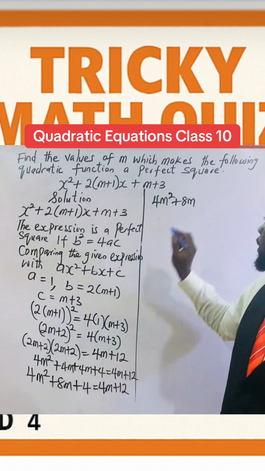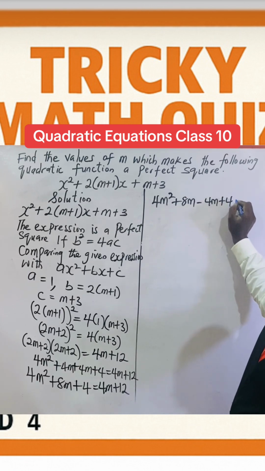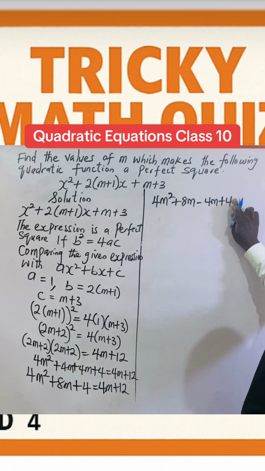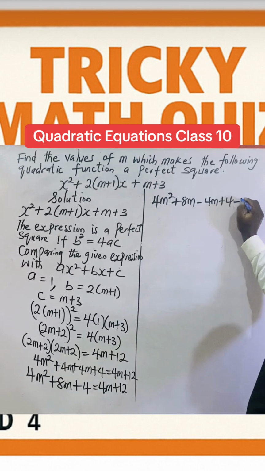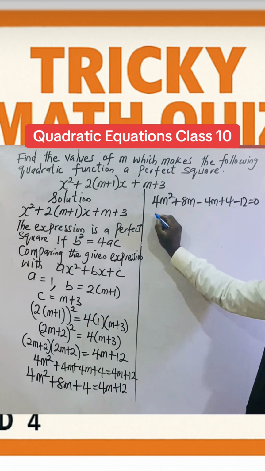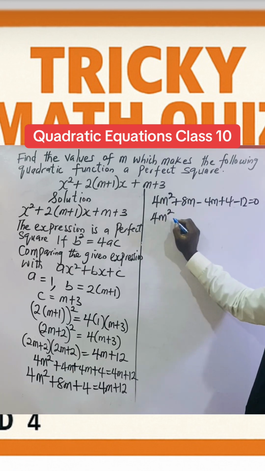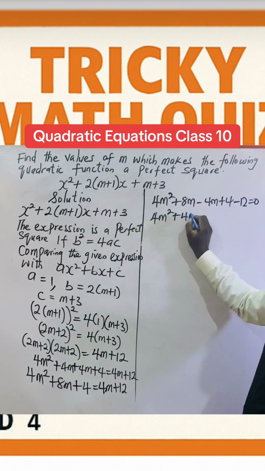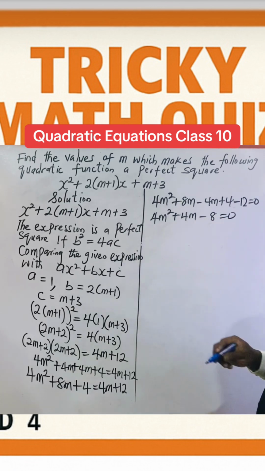This 4m turned to this side will give you minus 4m, plus 4. When 12 comes to this side, it becomes minus 12, equal to 0. So 4m squared, 8m minus 4m will give us plus 4m, all right? Getting it? Okay, here, 4 minus 12 will give us minus 8 equal to 0.